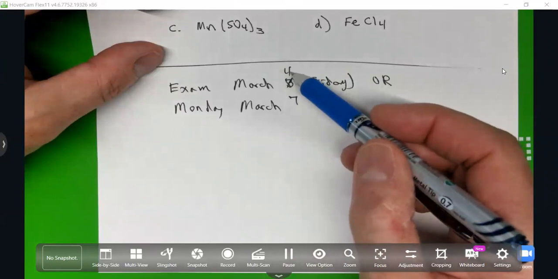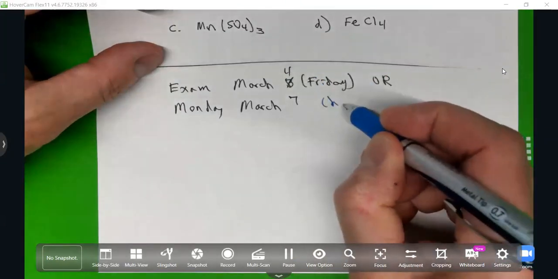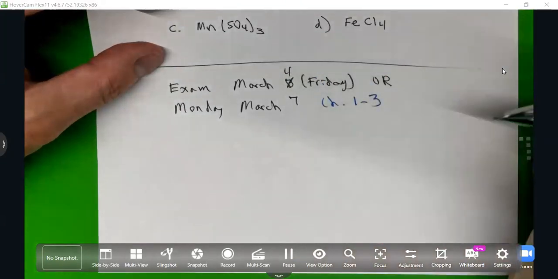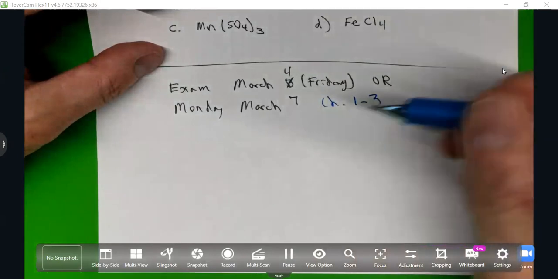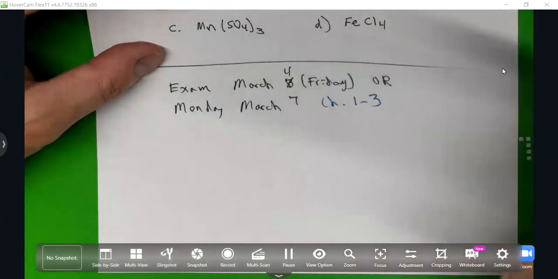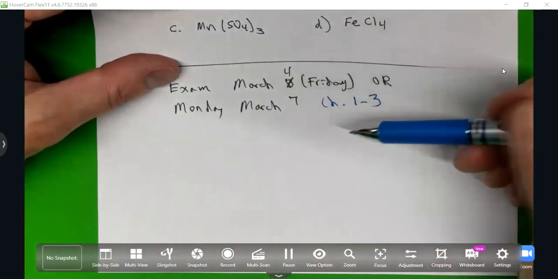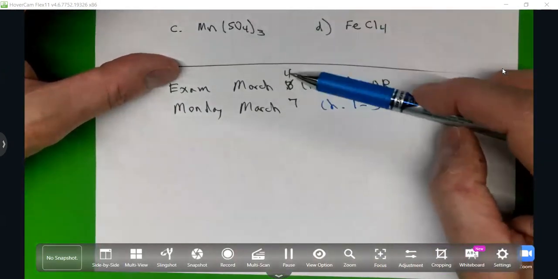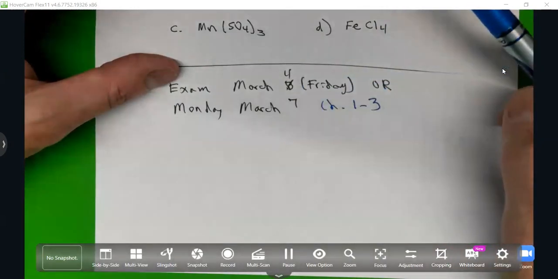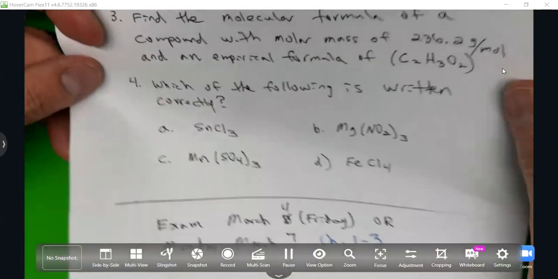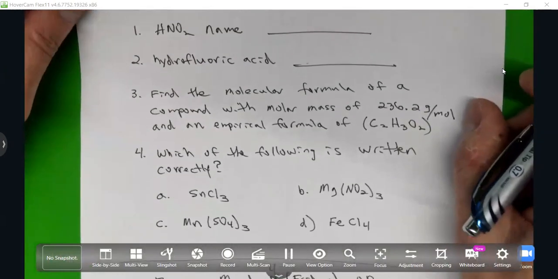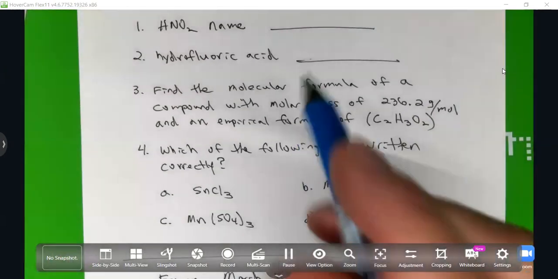So it's either going to be here or here, and this will be chapters 1 through 3. Okay, the original date was the 7th. I don't want to get too far into the new material before the test. So we'll just see how this goes. All right, let's review here, and then we'll see.